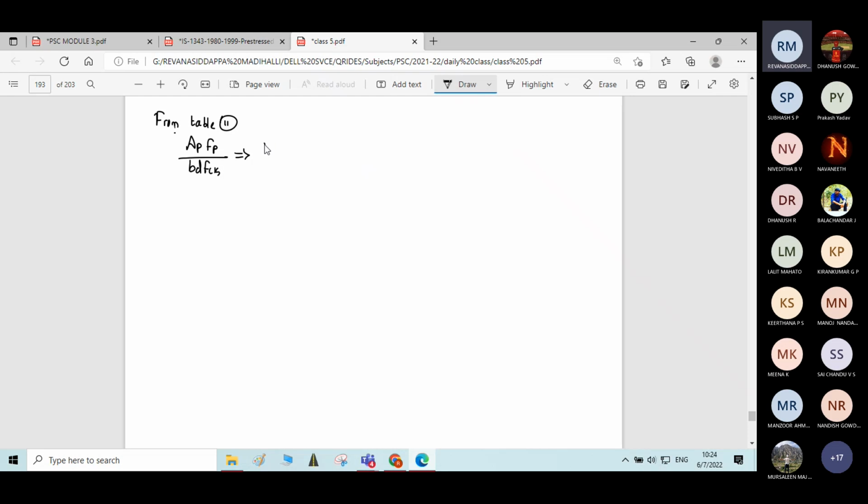The formula can be rewritten as APW into FP divided by BW into D into FCK. I have made two changes here: AP I have changed to APW and B I have changed to width of web.